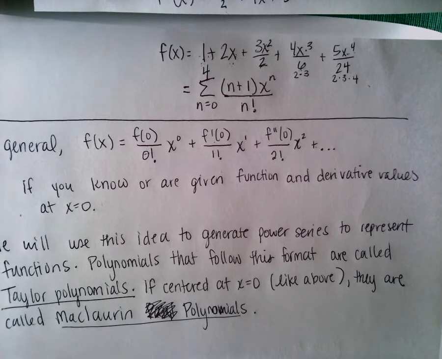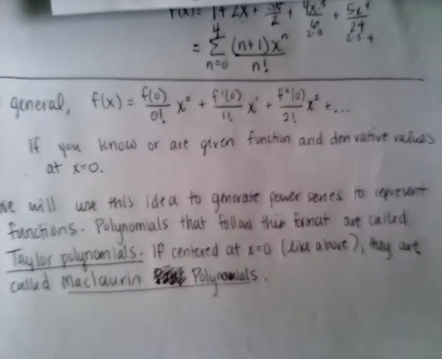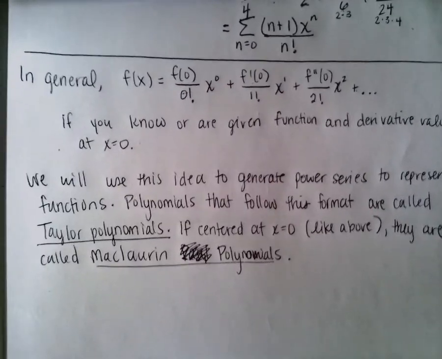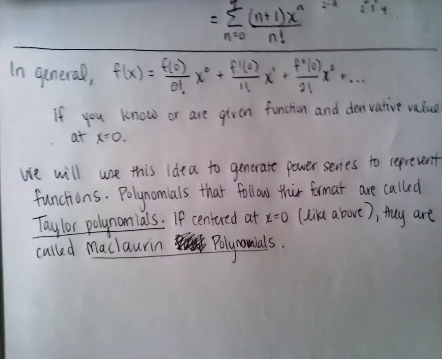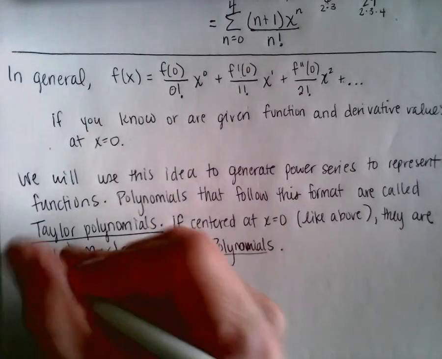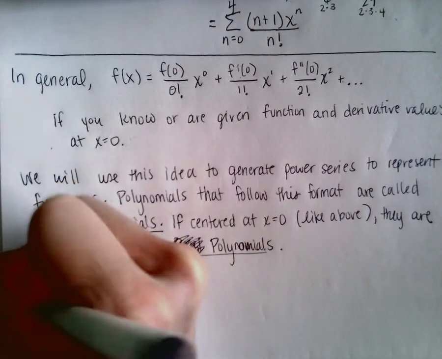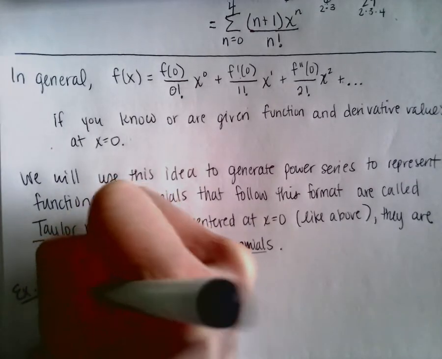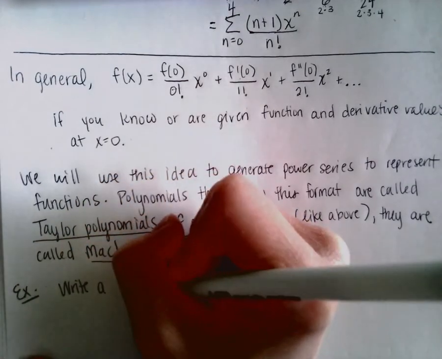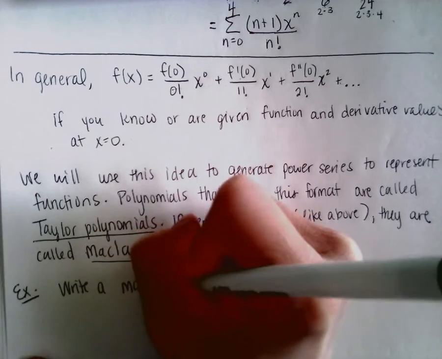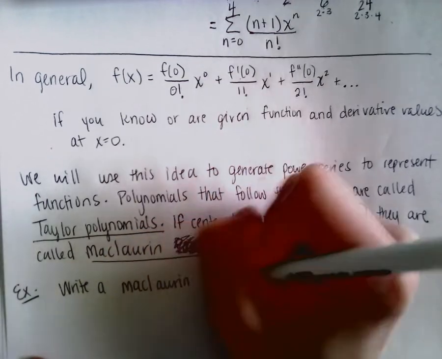Okay, so for our example, like I said, we're going to come up with the polynomial representation for some common functions. So our first example, we're going to write a Maclaurin polynomial.